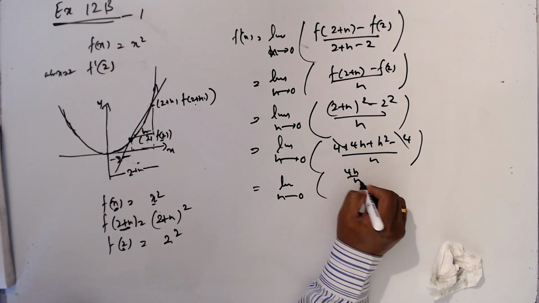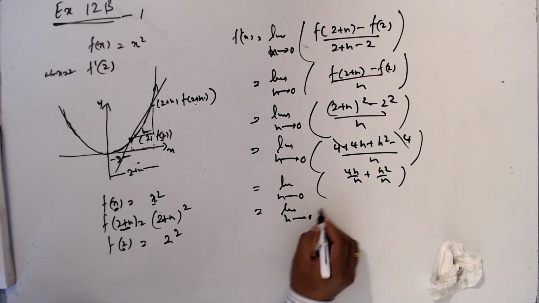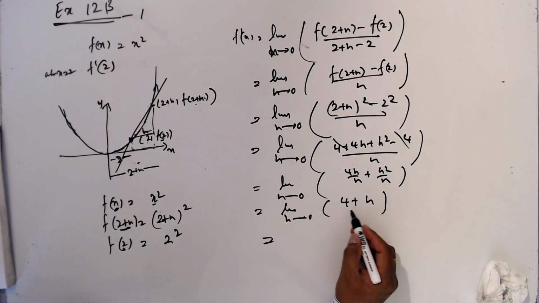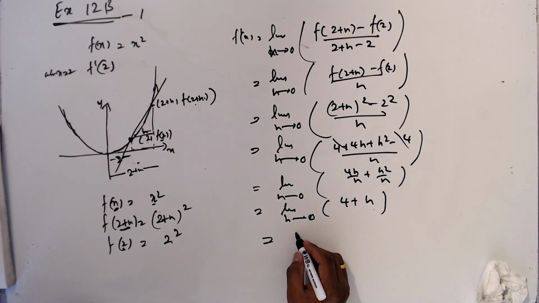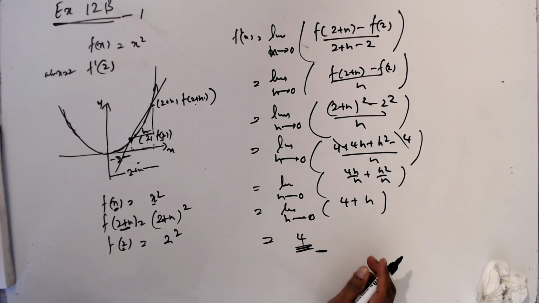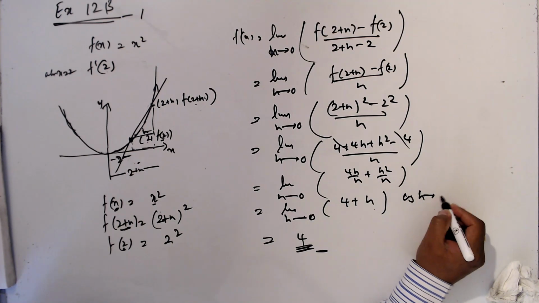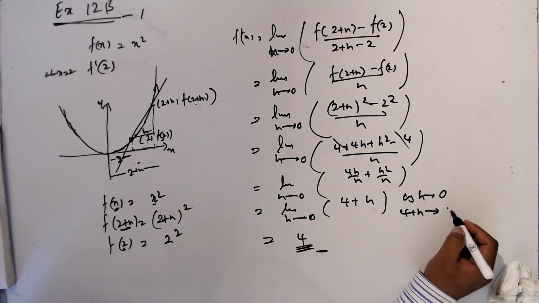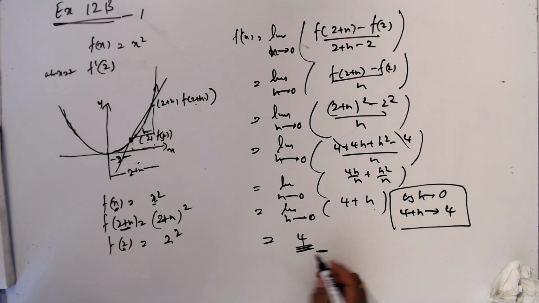So 4h over h plus h squared over h. Limit h goes to 0, 4 plus h. Now when h goes to 0, 4 plus h goes to 4, or simply put h equals 0, your answer is 4. But you have to write as h goes to 0, 4 plus h goes to 4. So you have to write this one and simply put h equals 0 and write the answer.